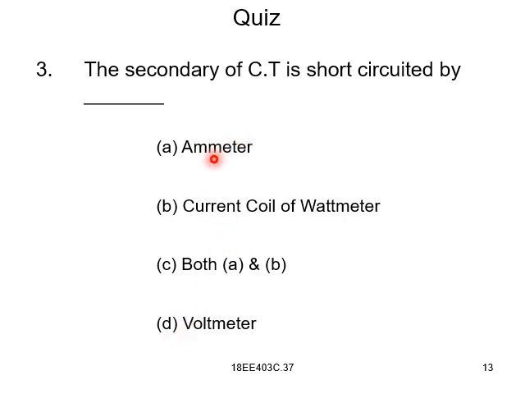So in this case both A and B are right. No, he is telling that this is wrong. Actually this is the right answer: the secondary of CT is short circuited by the ammeter and also the current coil of the wattmeter.